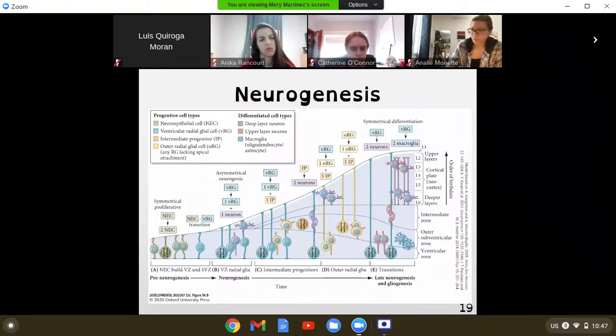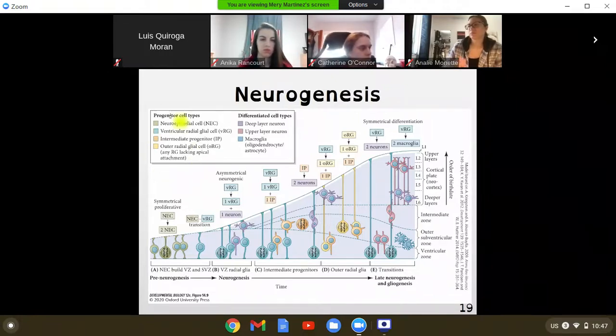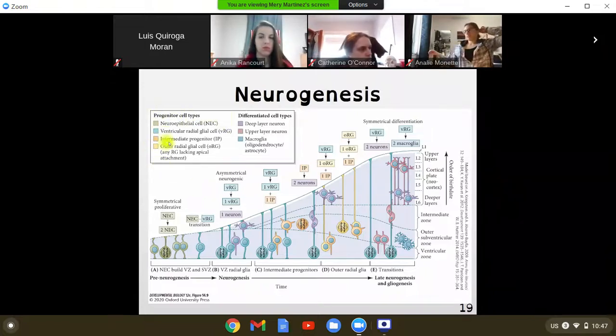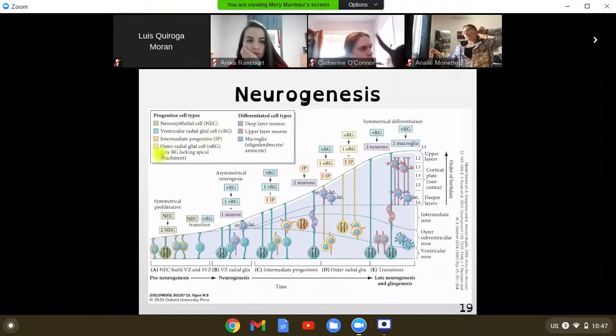During neurogenesis, a pool of homogeneous stem cells first undergo proliferative expansion and diversification, and then initiates the production of successive waves of neurons. So in here we have some group of progenitor cell types: neuroepithelial cells, ventricular radial glial cell, intermediate progenitor, or a radial glial cell, okay?